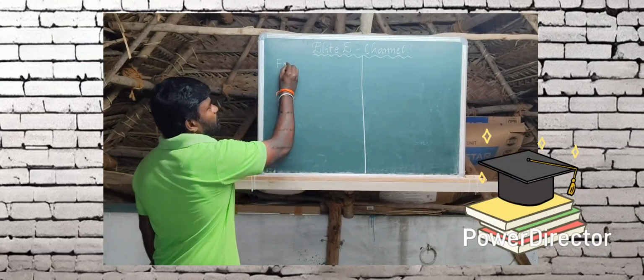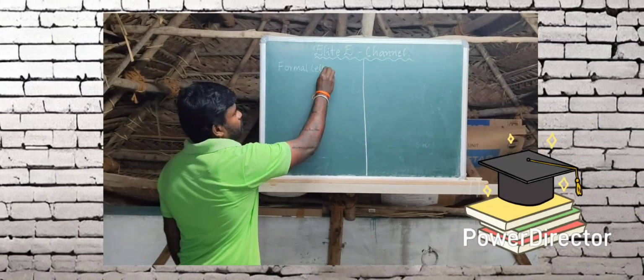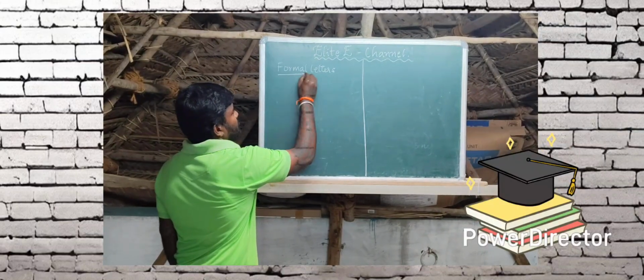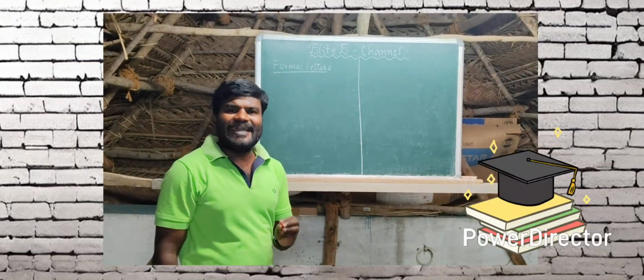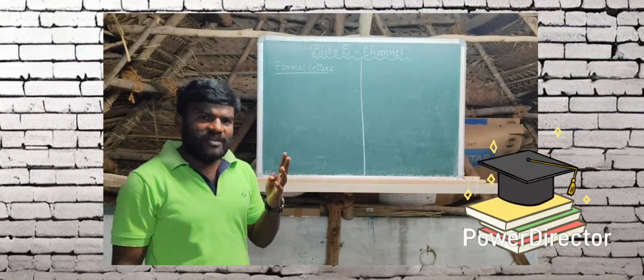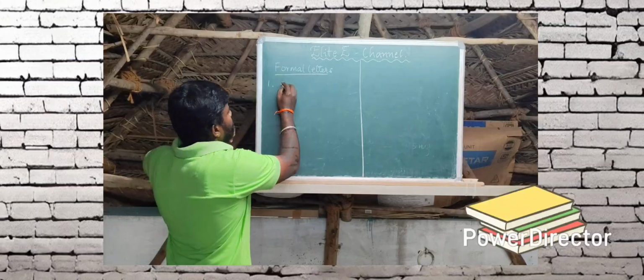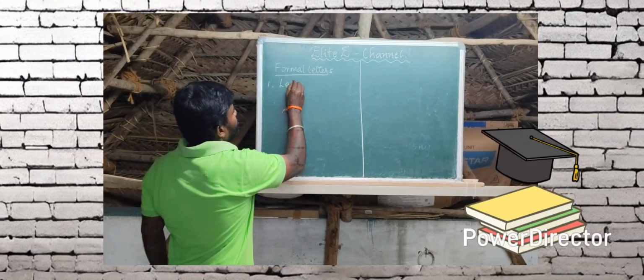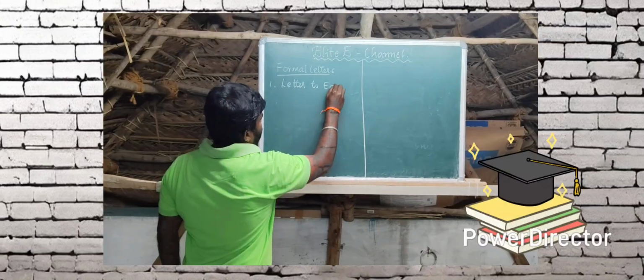Formal letters. There will be 4 types of formal letters in English. Especially for grade 10, there will be 4 types of formal letters. The very first one is letter to editor.